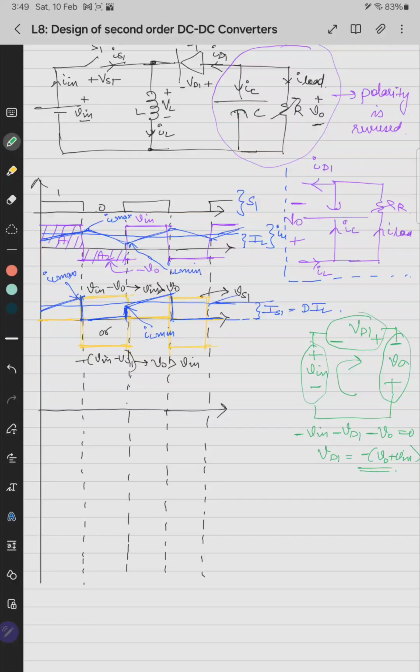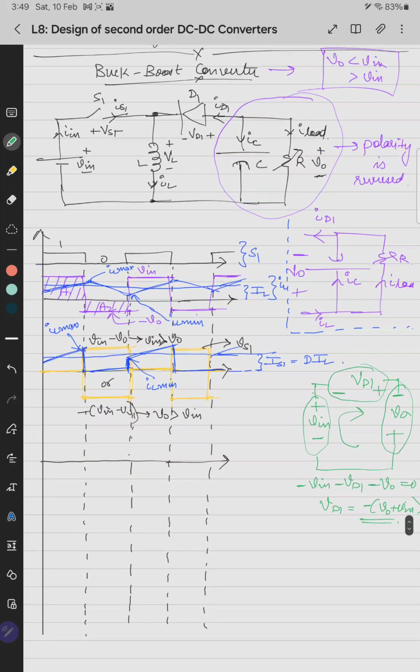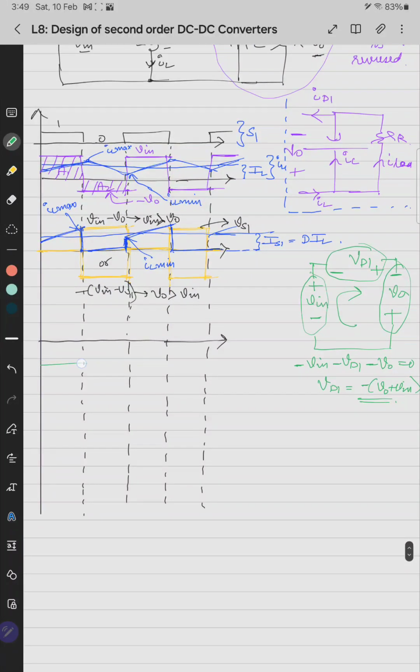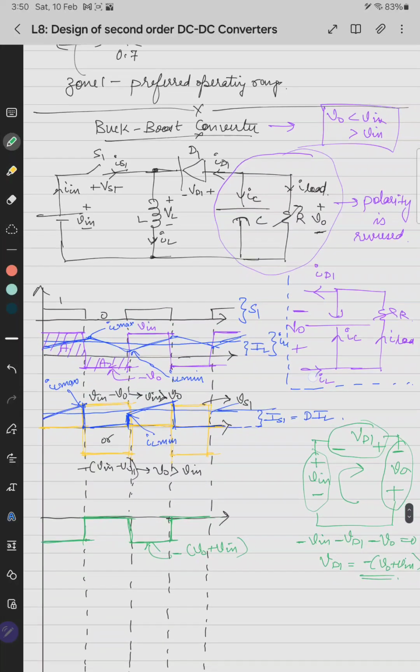Even if V naught is greater than V in or V in is greater than V naught, its polarity is negative. So this is when the switch is on. So it will be like this, and it will be 0 in either case, because in that case the diode will be turned on. This will be minus of V naught plus V in.